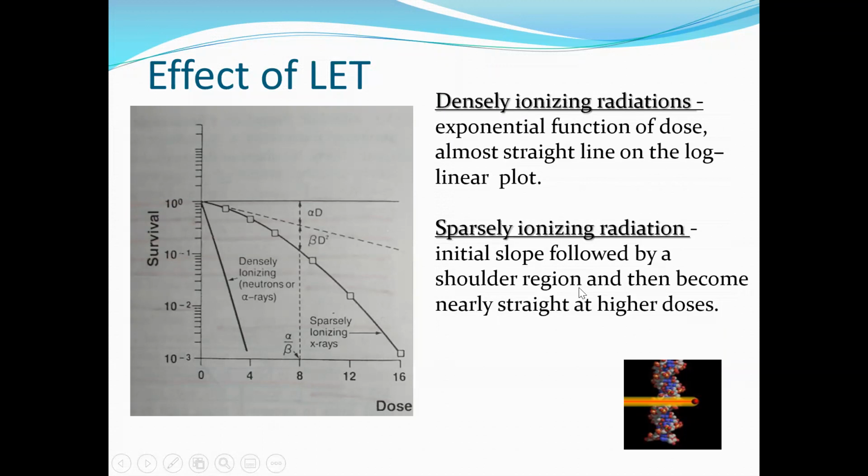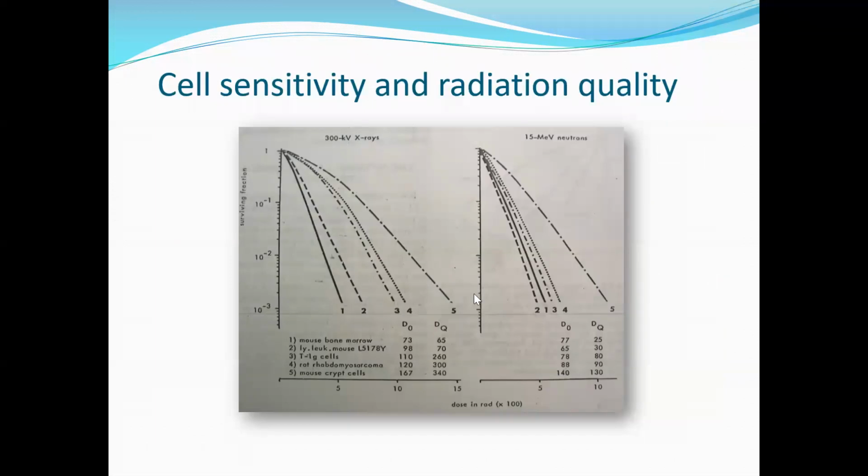Initial slope is followed by a shoulder region, then it becomes nearly straight at higher doses. We have already discussed this. Cell sensitivity and radiation quality: this is high LET, this is low LET, 300 kV X-rays and 15 MeV neutrons. See how the radiation sensitivity varies for different cells, and how it is almost the same for others.